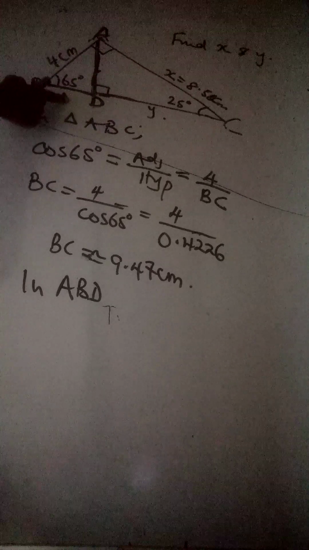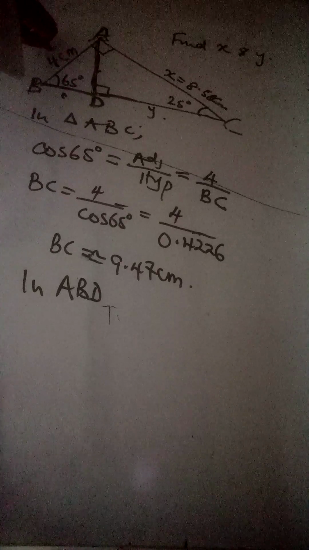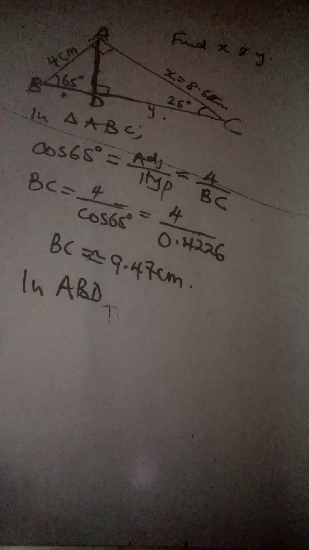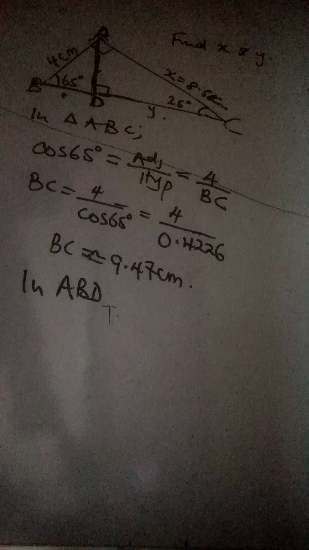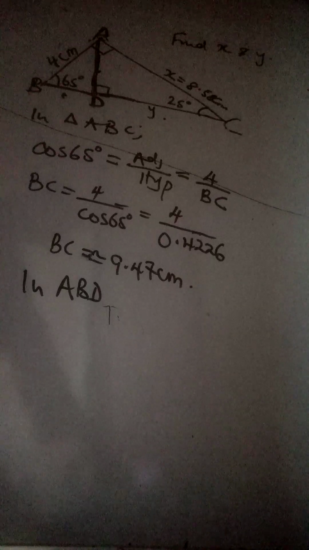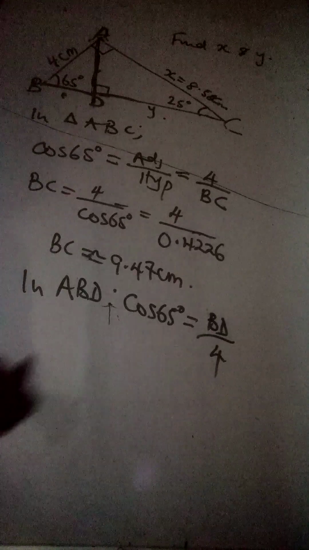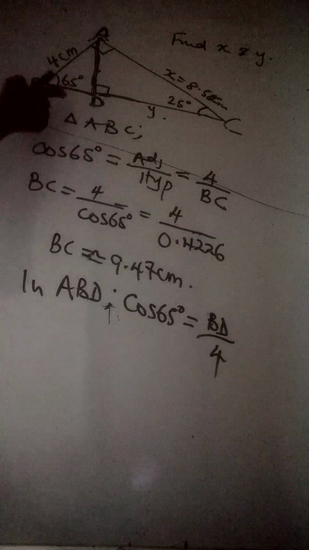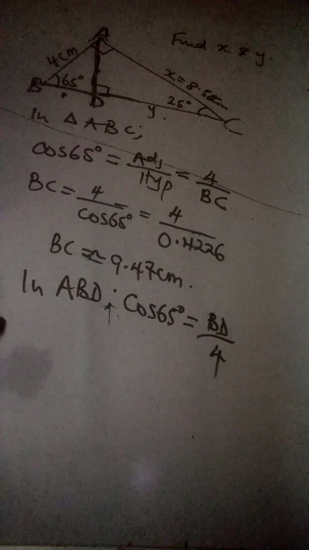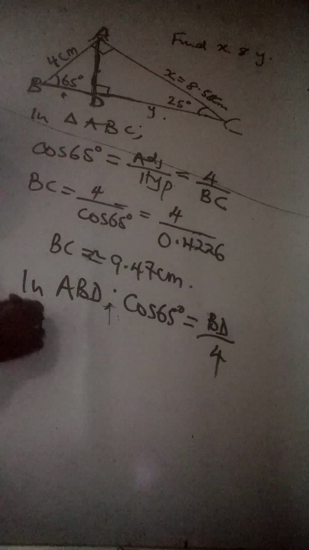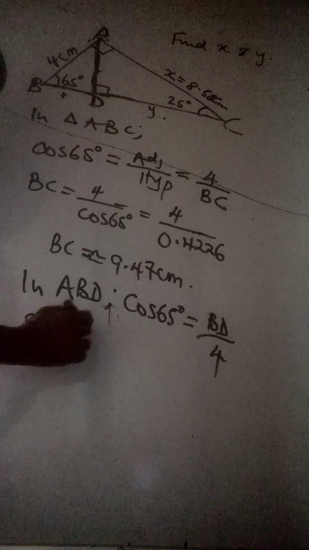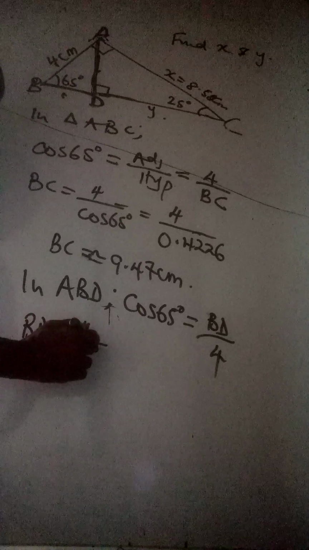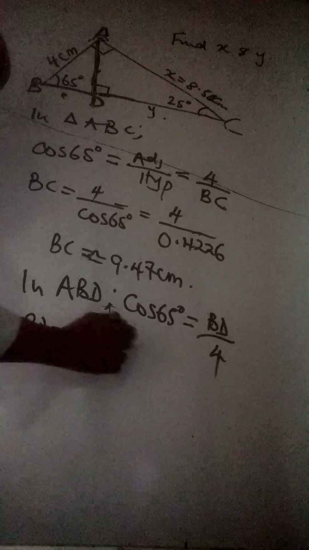That means adjacent over hypotenuse, which is cosine also. So cos 65 will be BD over 4, and BD will be equal to 4 over cos 65 degree.